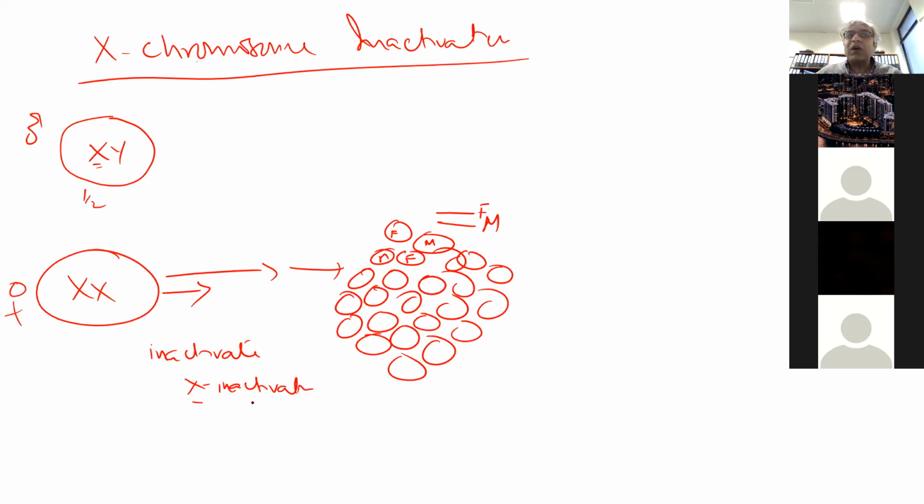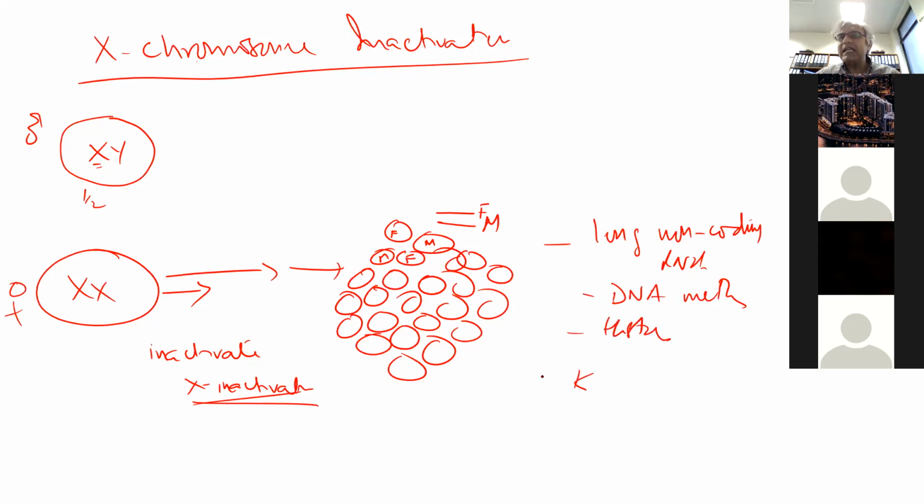So we call this phenomenon X inactivation, which involves long non-coding RNA, as well as DNA methylation, as well as histone methylation. So H3 lysine 27 trimethylation is involved here together with DNA methylation.